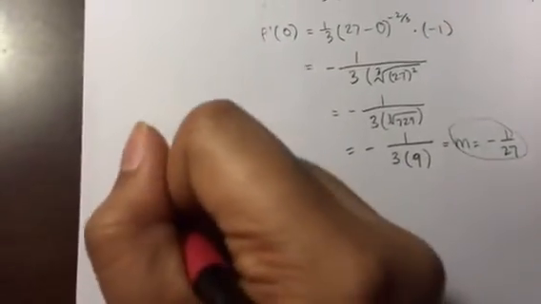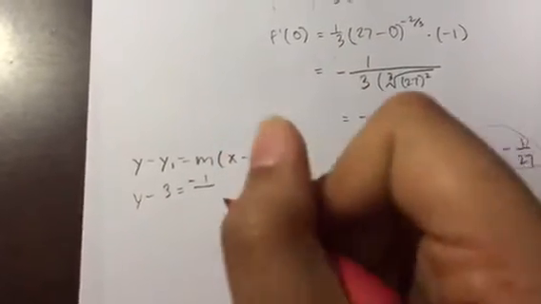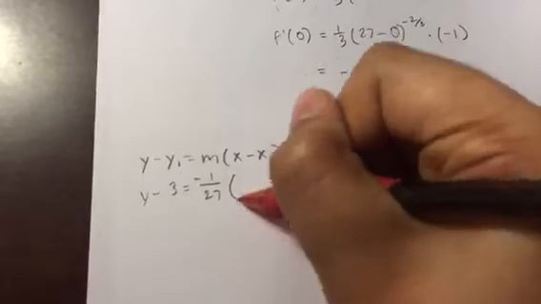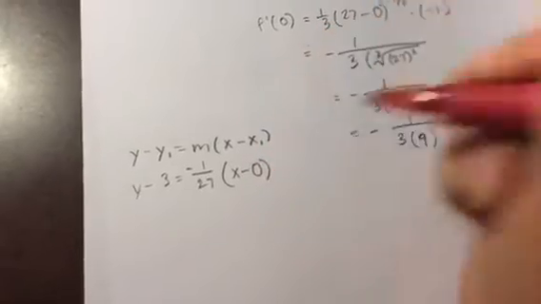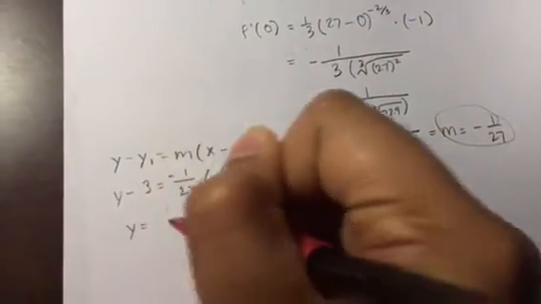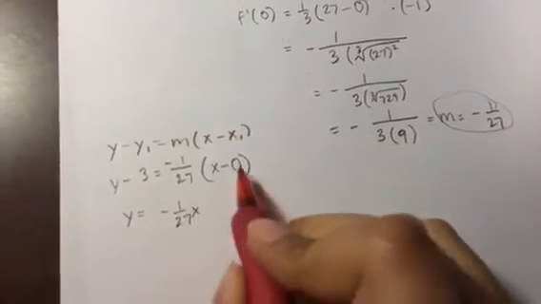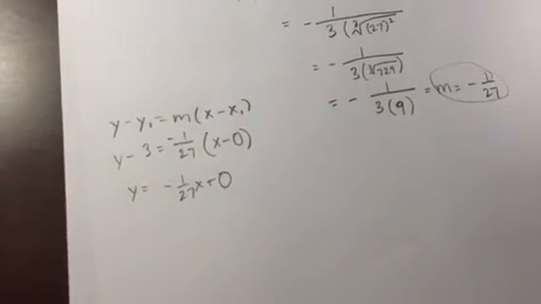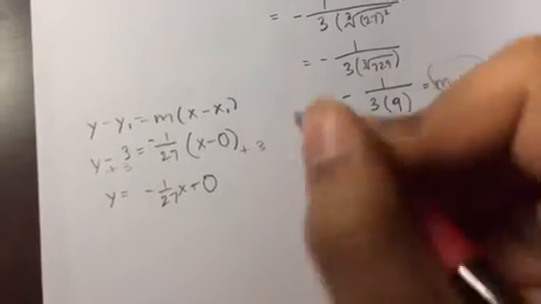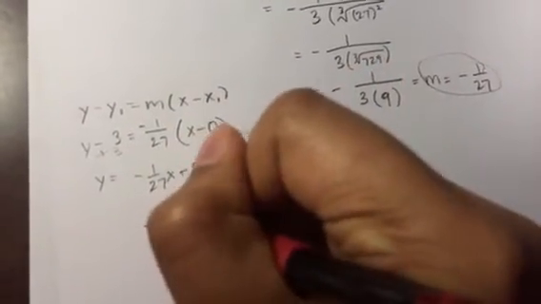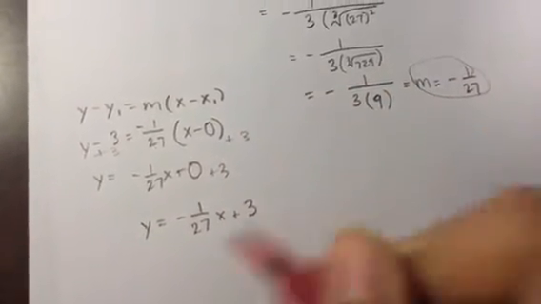Down here, y minus 3 equals negative 1 over 27 times x minus 0. When you distribute, you get negative 1 over 27 x plus 0, and then you add the 3 over. So the equation you get is y equals negative 1 over 27 x plus 3.